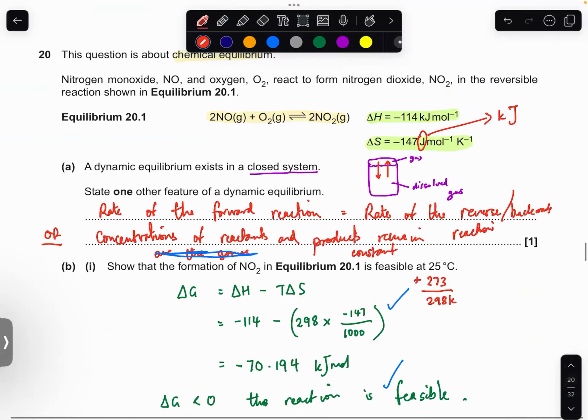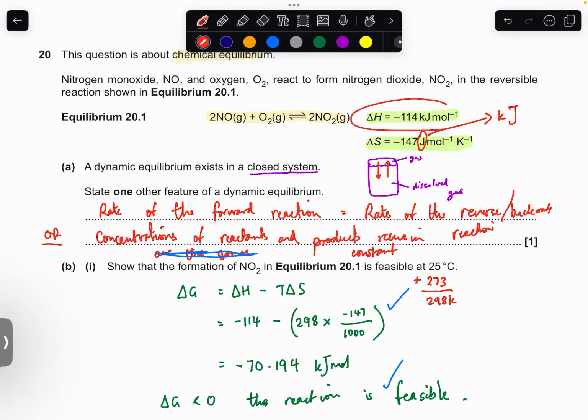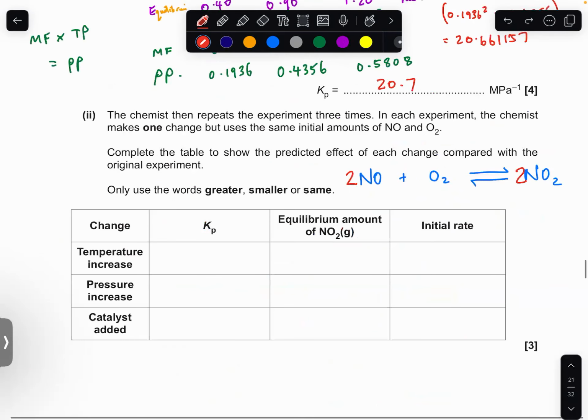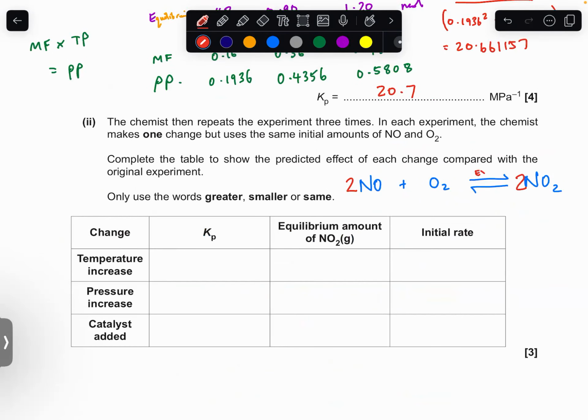Now, you see this, the forward reaction is exothermic. If the forward reaction is exothermic, the reverse reaction will be endothermic. So by increasing the temperature, to oppose that change, the equilibrium system is going to try to bring that temperature back down.